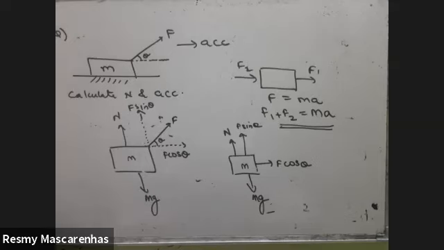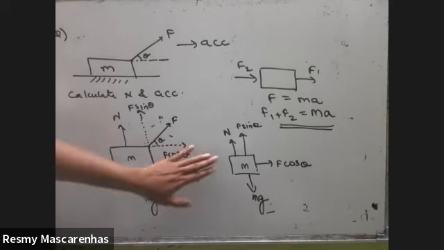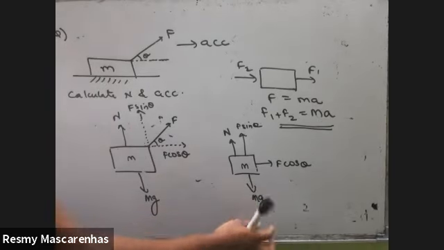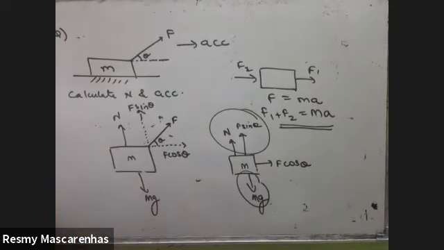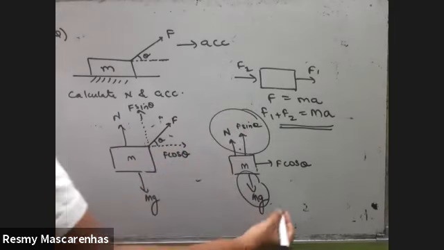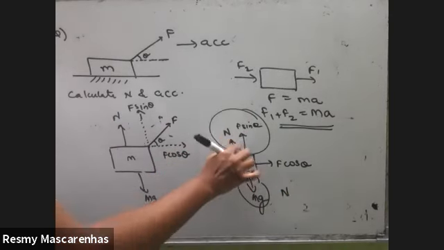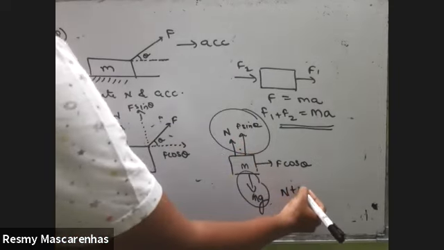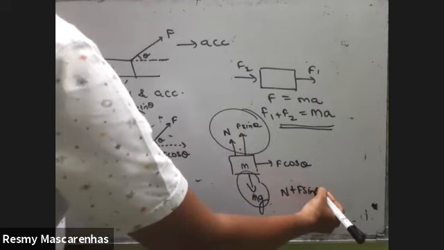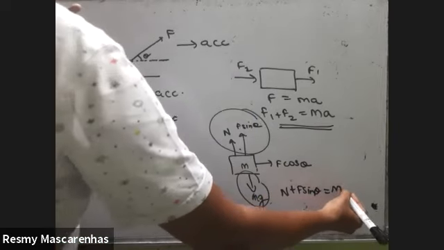As per this diagram, what will be the first equation? The vertical upward forces will always be balanced by the downward forces. They are both going in the same direction, so they'll get added. So N plus F sin theta will be equal to your downward force.